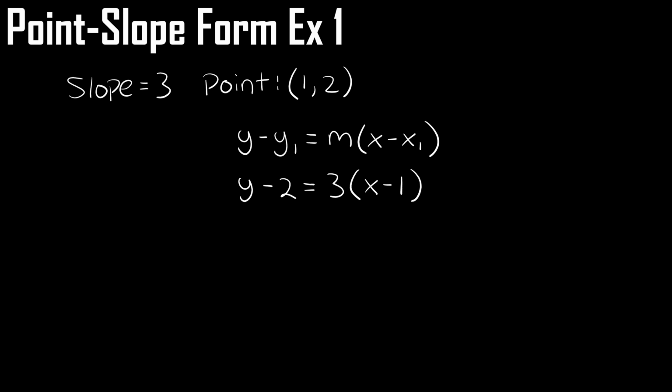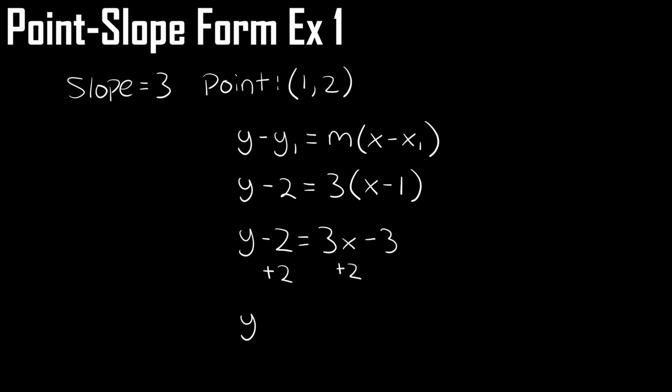Now this is our line in point-slope form, but we can convert this to slope-intercept form. So we can do y minus 2 equals, we can distribute the 3, so 3x minus 3. Then we can add the 2 to both sides.